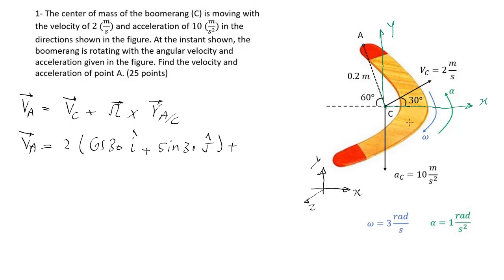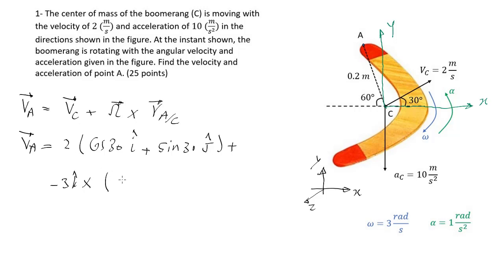It is in the minus z direction, so I can write down omega as minus 3k. The value of omega is 3, the direction is minus k, so minus 3k cross RA with respect to C. Here again we can use this 0.2 dimension and also this angle to write down the position vector of point A with respect to point C.